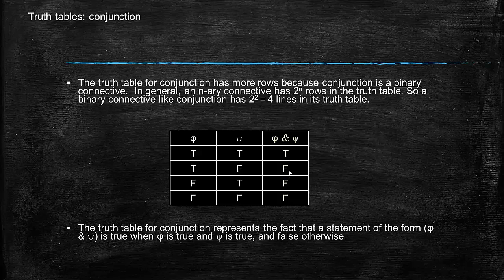Otherwise, it's false. So the truth table for conjunction represents this fact that a statement of the form phi and psi is true when phi is true and psi is true, and false otherwise. So that's pretty easy to remember. The only time you're going to be writing true is when phi is true and psi is true. And all other times you're going to be writing false.